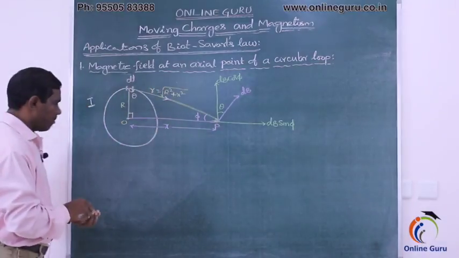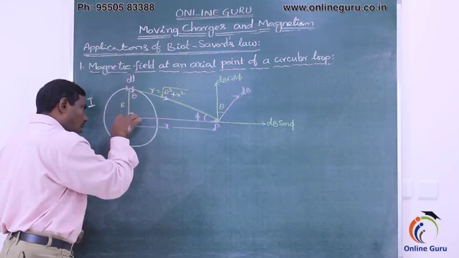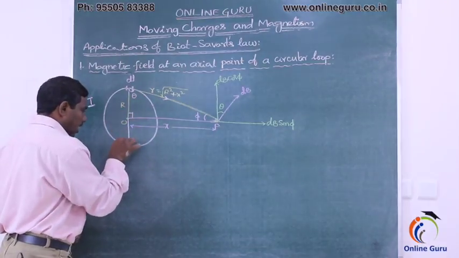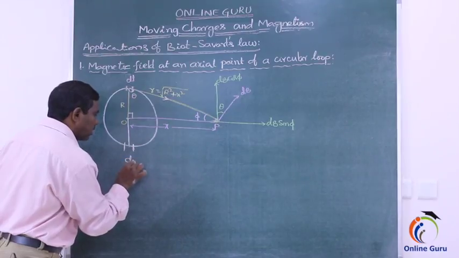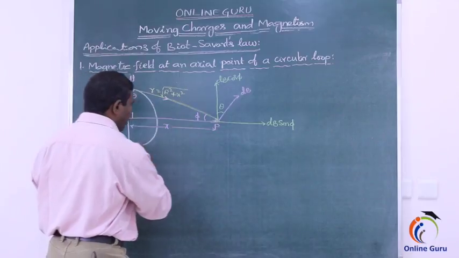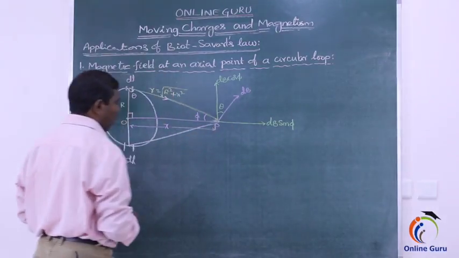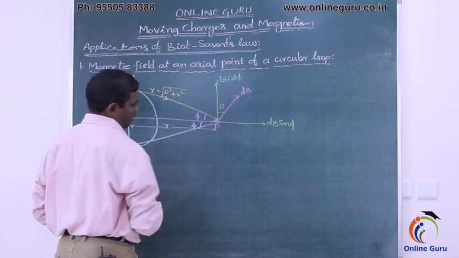Similarly, we take a current element dl at the diametrically opposite end. From this, we join the line intersecting at the point P, making an angle of phi.